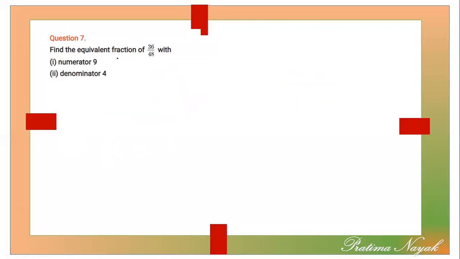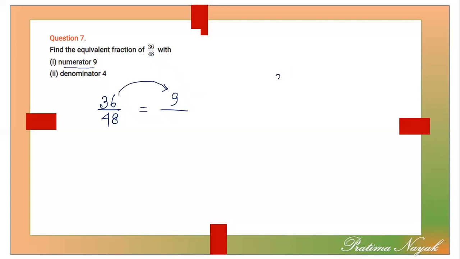Question number 7. Find the equivalent fraction of 36 by 48 with numerator 4. Part 1, I am doing 36 by 48, we will make the numerator 9. Numerator 9 means we have divided here.